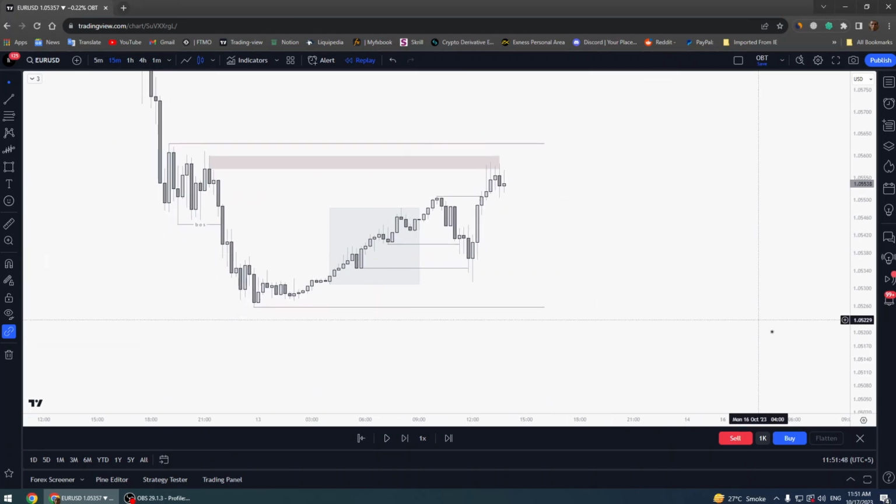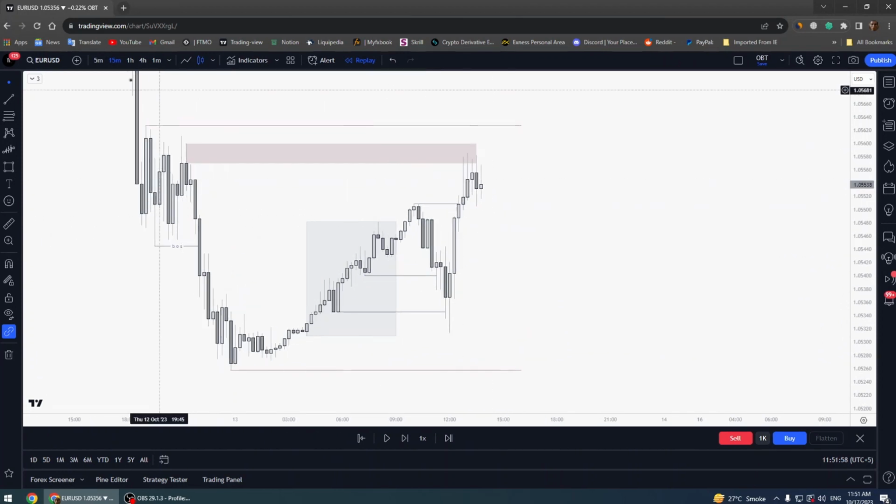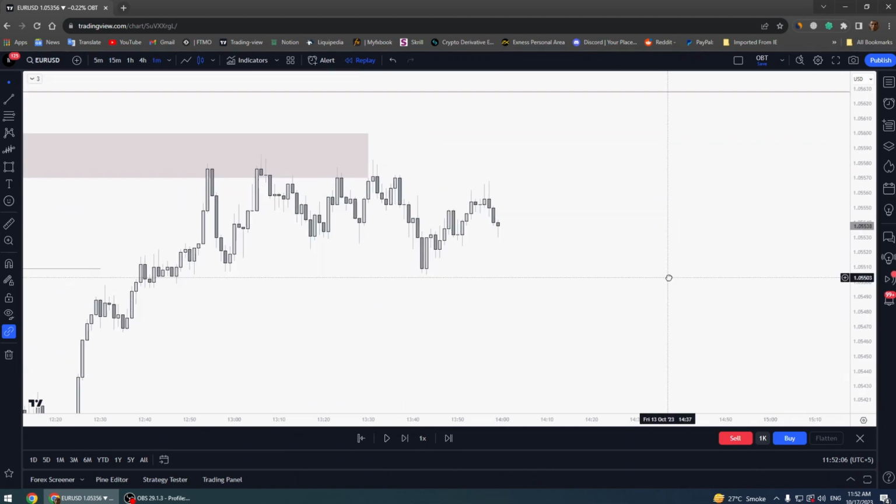What you're going to do is wait for this type of market to form and mark out all your drawings or annotations, and wait for the market to be in your favor and then put your entry. For me, what I did is I waited for this low to be taken again.